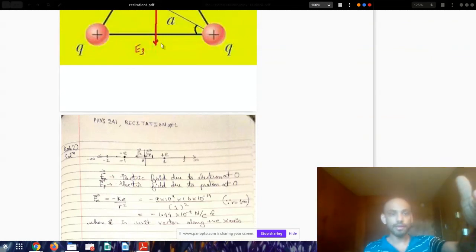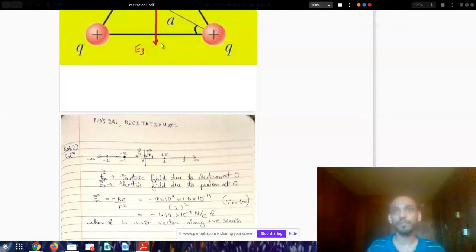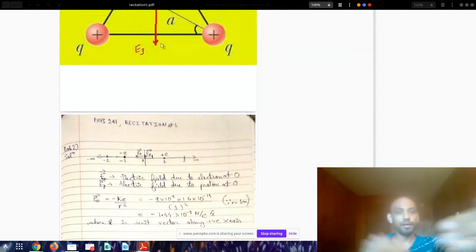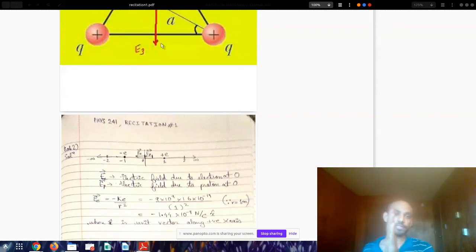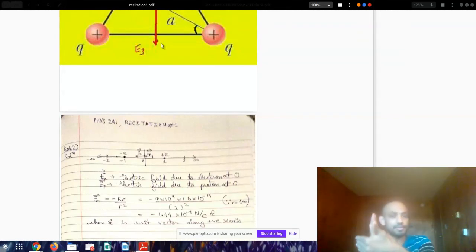So if you just leave these 2 charges, they will align with the electric field, because that's a position where this electric dipole will be in equilibrium with this electric field. Because you have a field that's acting in the downward direction, your electric dipole will align itself in such a way that it's pointing in the direction of the electric field. So both these 2 point charges will move in such a way that they'll be along this electric field line.